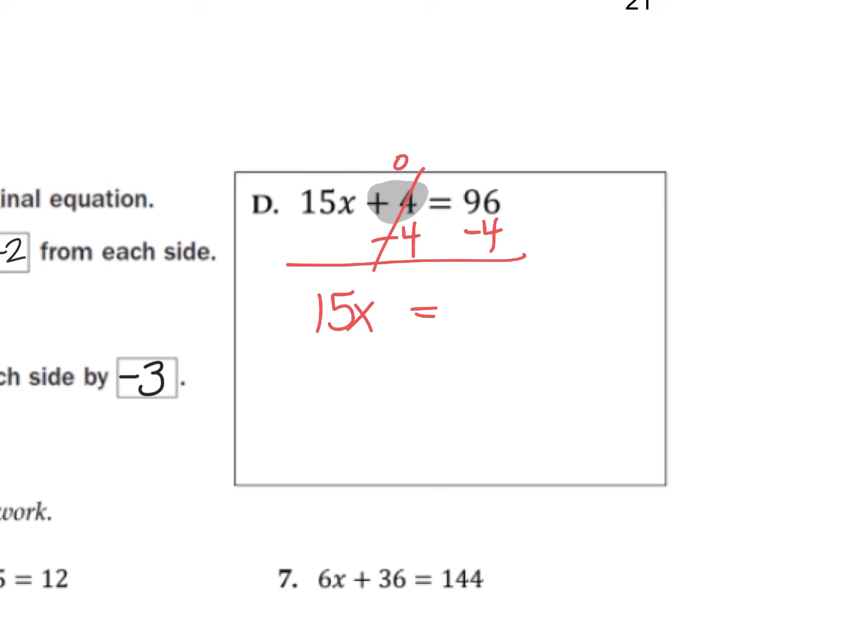And then on the right, 96 minus 4 is 92. So I have 15x equals 92. 15 and x are multiplying, so I need to do the opposite and divide both sides by 15. Use your calculator. 92 divided by 15, you get x equals 6.13 repeating.